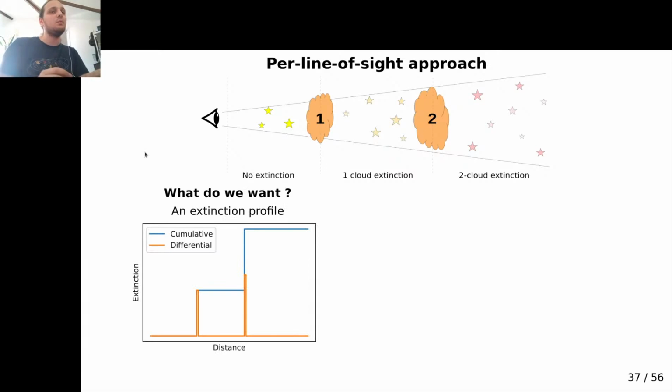So we want to reconstruct, for each line of sight in the Milky Way, an extinction profile that can be seen either as a cumulative extinction as a function of the distance, or as a differential extinction profile that allows us to relatively accurately place extinction peaks at given distances.